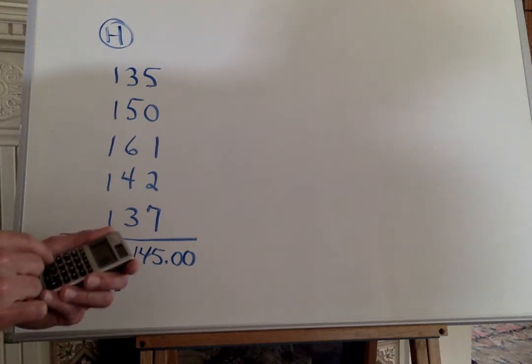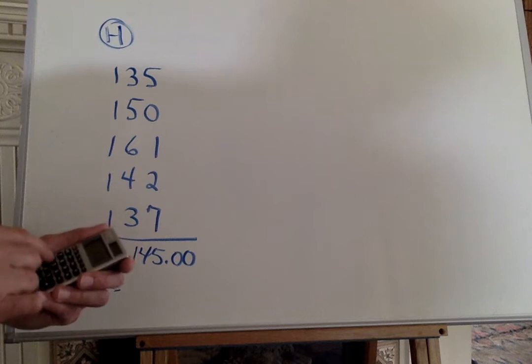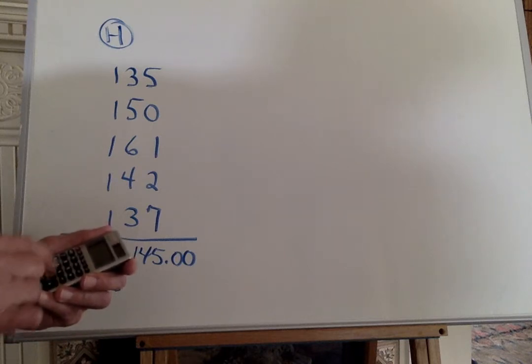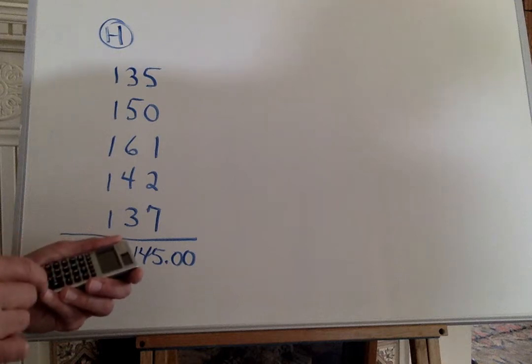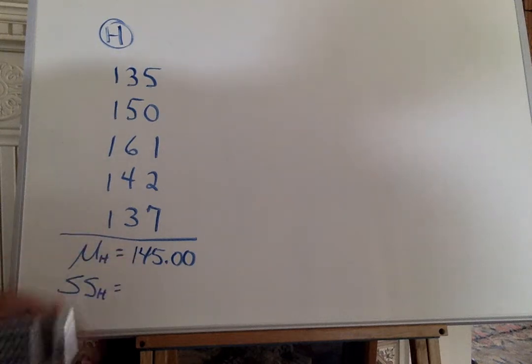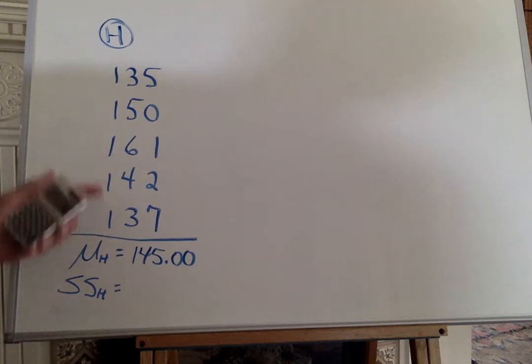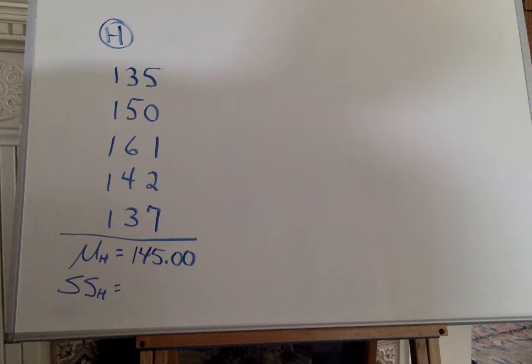And by the way, if you think that you can't make a mistake just because you're on a computer, you're sadly mistaken, because I've seen it often because people will plug in the wrong number. So here's our mean, 145. Okay, I'm looking at this, I'm like, well, that does make a little bit more sense rather than my 152. That's okay. I'm not brokenhearted about it, okay?